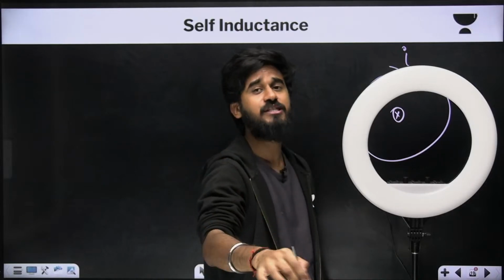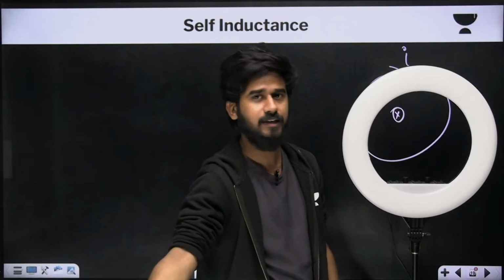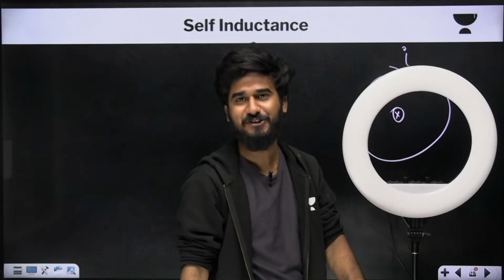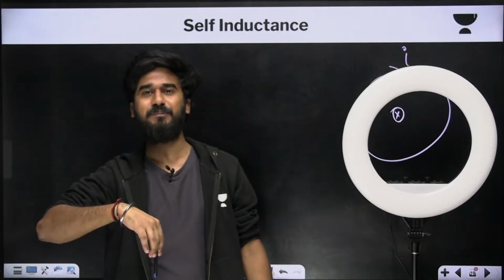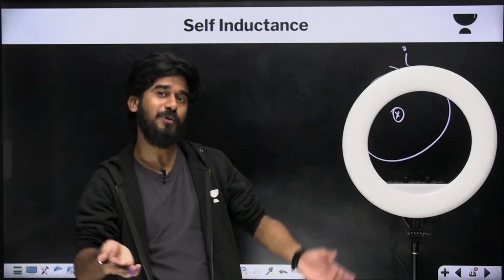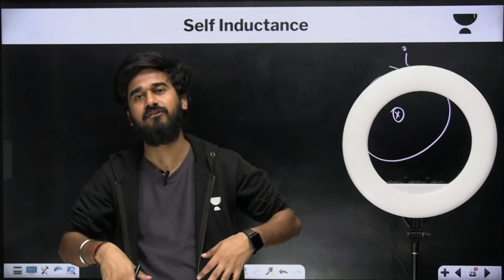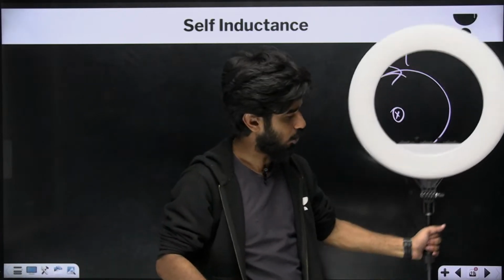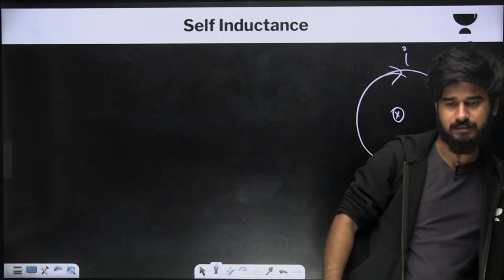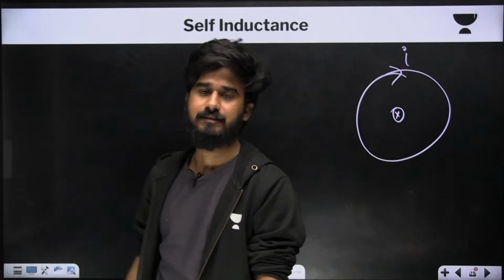If flux is changing, it will produce another induced EMF, and because of that induced EMF, another current is produced in this particular loop. So because of its own changing current, another current is being produced in itself. That is called self-inductance. Any doubt?